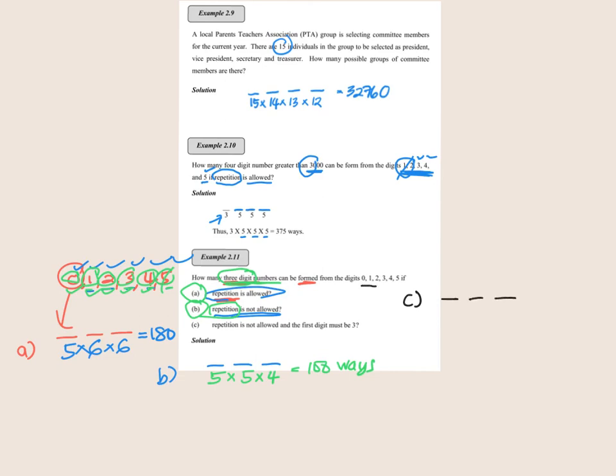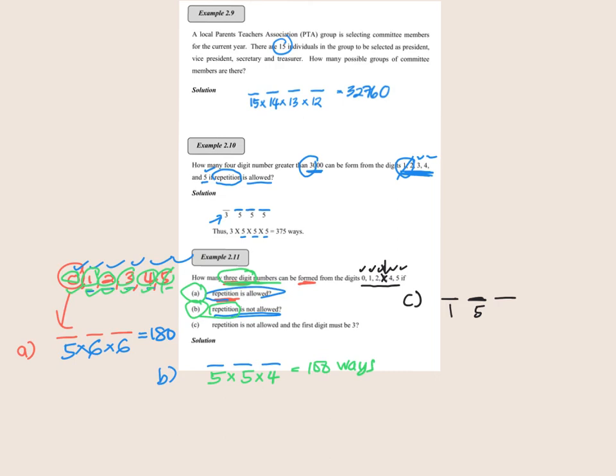For question C, repetition is not allowed and the first digit must be 3. Since the first digit must be 3, the possible option for the first slot is 1. For the second slot, since we already used one number, 3 cannot be included in the second and the third slot. So we only have 1, 2, 3, 4, 5, so 5 digits can be used for the second slot.